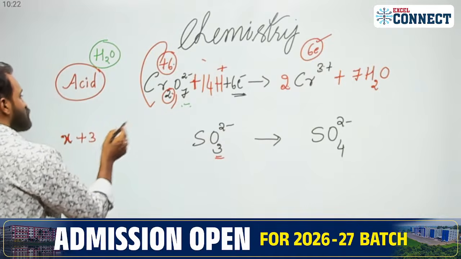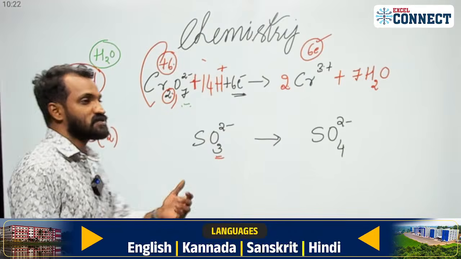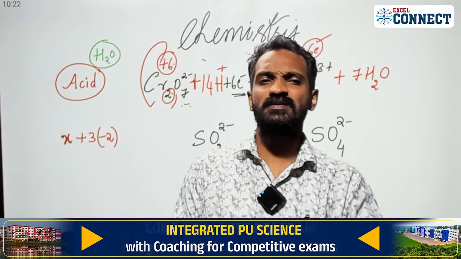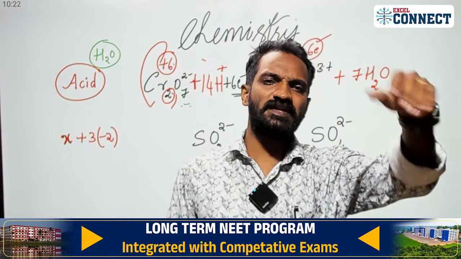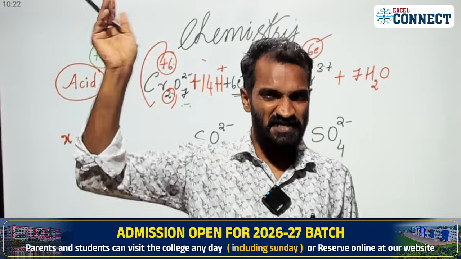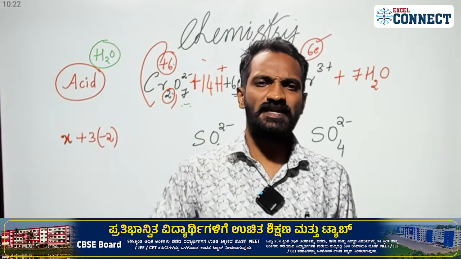3 into, as I already mentioned, oxygen always has -2 as its oxidation state. In some cases it is different, like superoxide and peroxide, which we will discuss in the upcoming regular class, not in this online class. It's a little difficult version.